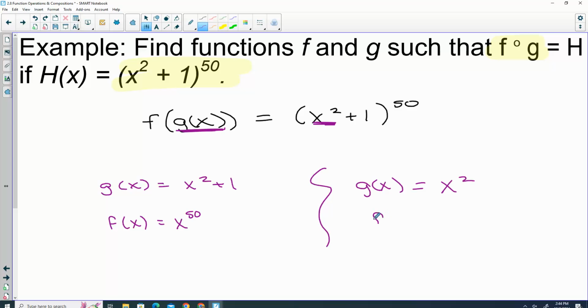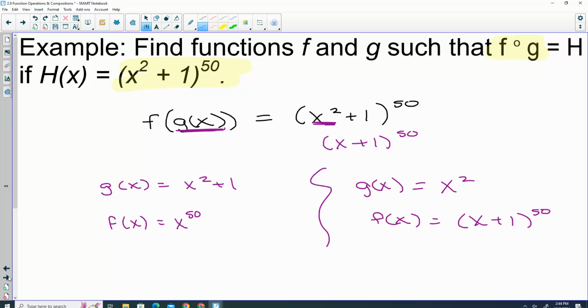If you think about undoing it, if you took out that x squared, you would replace it with an x, then f would have been x plus 1 to the 50th. So there's not only one right answer on these. As long as you have one that works, it's okay. And you can check yourself: if you do f composed with g, do you get that original problem back? That's all you have to do.